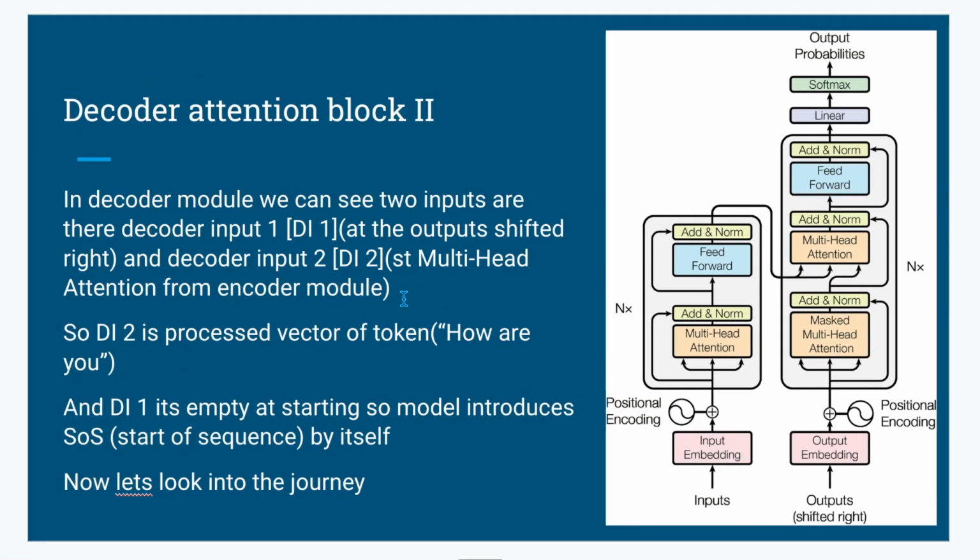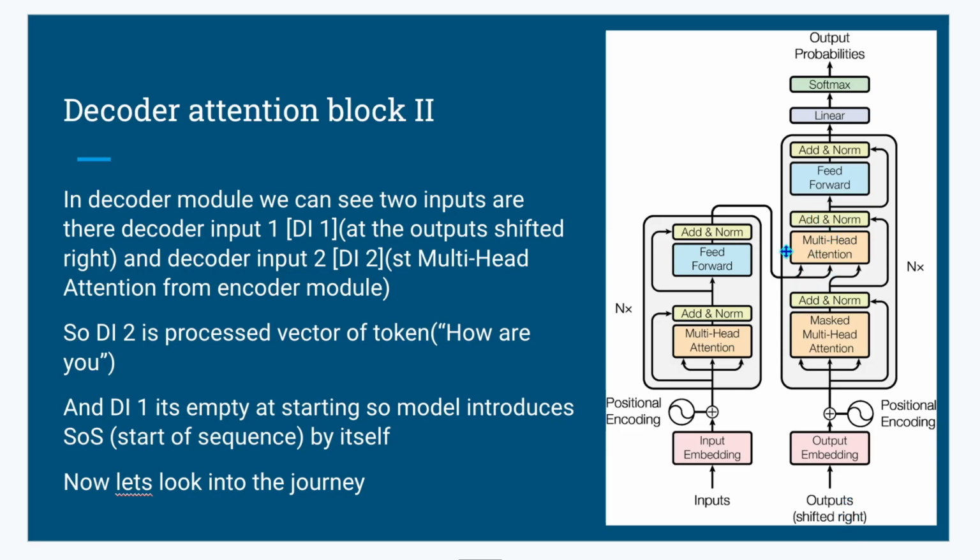In the decoder module, we can see two inputs are there. Decoder input 1, that we can call DI1, at the output shifted right. And decoder input 2, DI2, that comes from the encoder module to the decoder module.